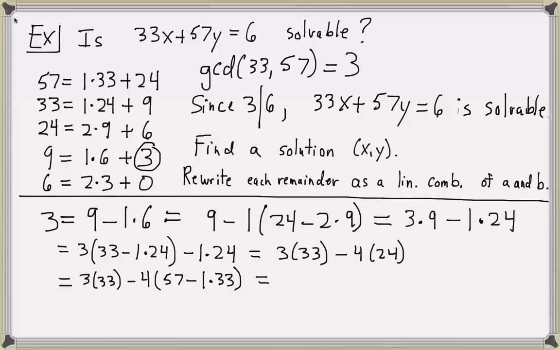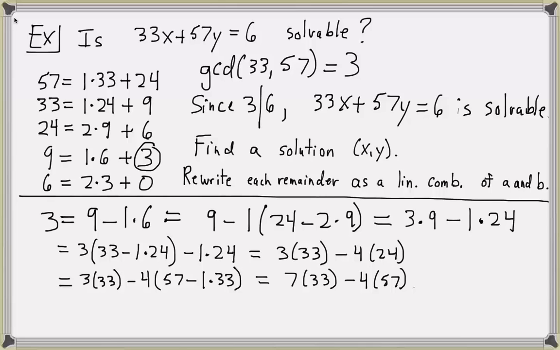So I have 3 times 33. I have minus 4 times minus 1, which is 4. So 4 times 33. So I'll have a total of 7 times 33. And then when I distribute a minus 4 times 57, I'll get minus 4 times 57.